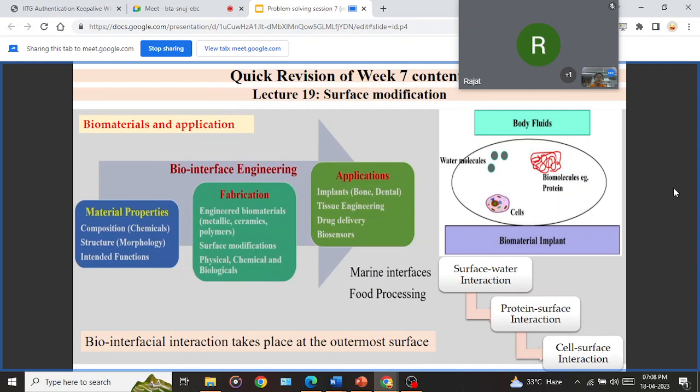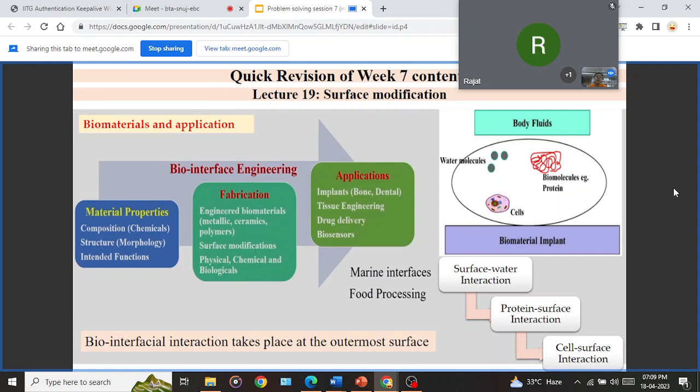These biomaterials have properties that depend on the chemical composition, the structure or morphology, and the intended functions. The composition and structure of the biomaterial would be based on the intended function of the biomaterial.